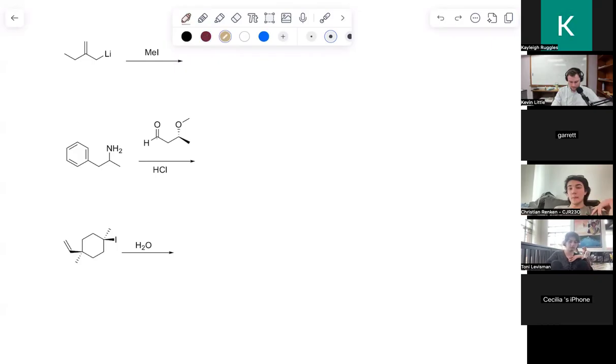That's my electrophile. The nitrogen on that NH2, that's my nucleophile, and I have an acid. So we're not in SN1, SN2, E1, E2 land. This is carbonyl land.